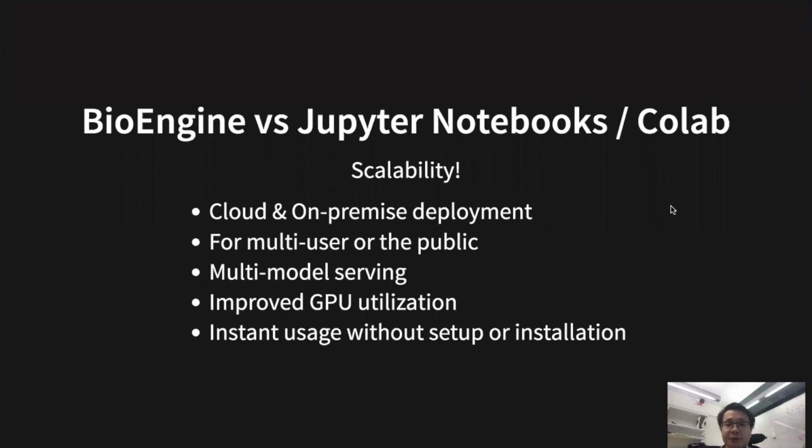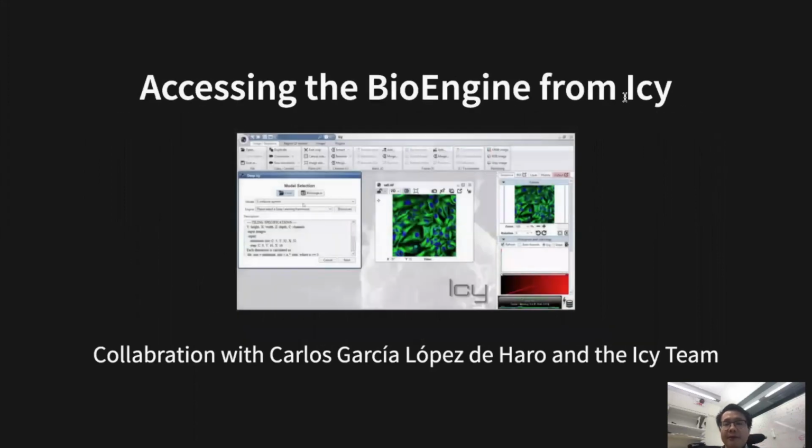So in addition to the Jupyter notebooks, Jupyter Lite and the ImJoy access from BioEngine, as I mentioned, we can also access it from different desktop clients. We have been actively working with other community members in the bioimaging field, including the IC from Institute Pasteur.